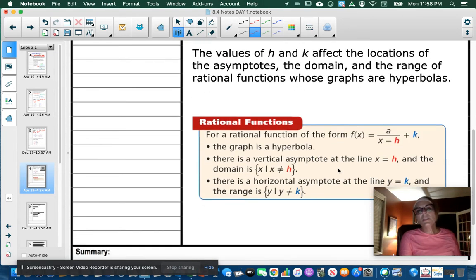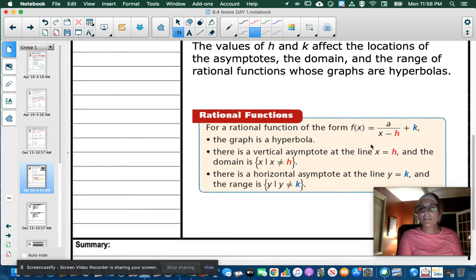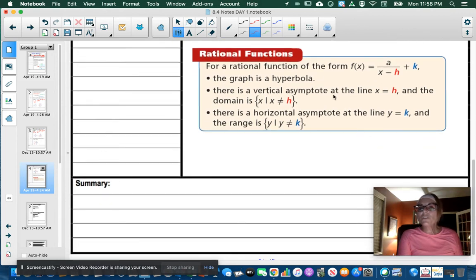The values of h and k affect the locations of the asymptotes, the domain, and the range of rational functions, whose graphs are hyperbolas. For a rational function of the form f of x equals a over x minus h plus k, the graph is a hyperbola.